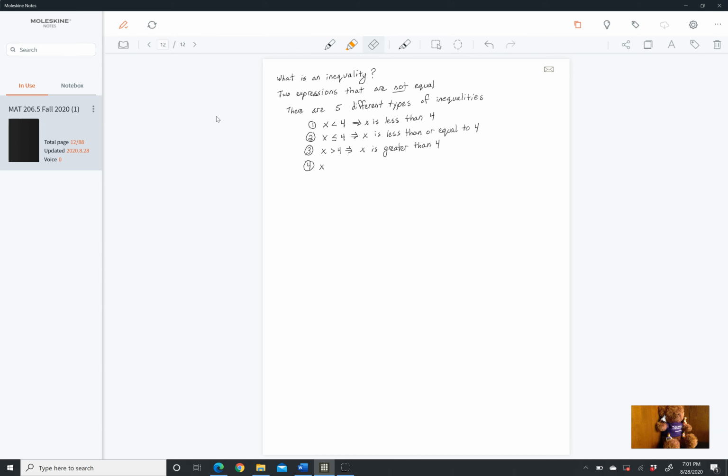So we have x is greater than or x is greater than or equal to. And then the last one is just x is not equal to 4. And that's an equal sign with a slash through it.